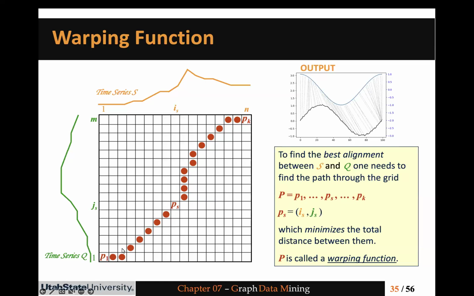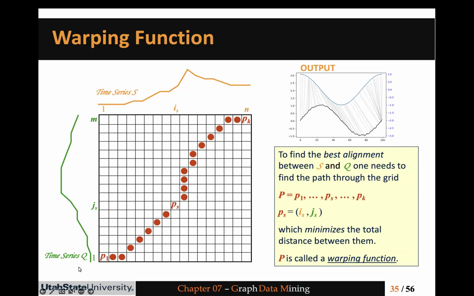So in fact, dynamic time warping is nothing but the final distance, which happens on the top right corner of this warping matrix, which is nothing but the total distance that I captured so far on those red dots, plus the distance between every single point at that particular index that we have in here. There might be multiple paths which minimize the total distance, but we need to keep in mind that some of them are better than others depending on where they are located in the warping matrix.